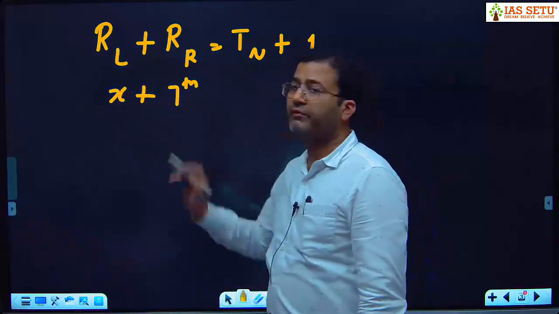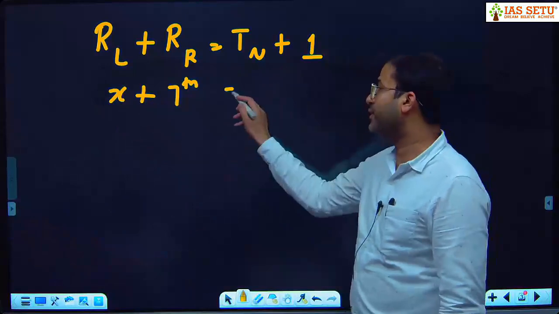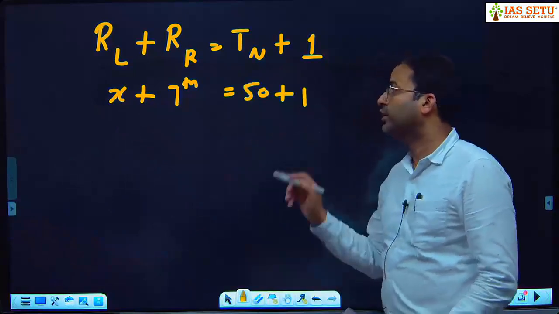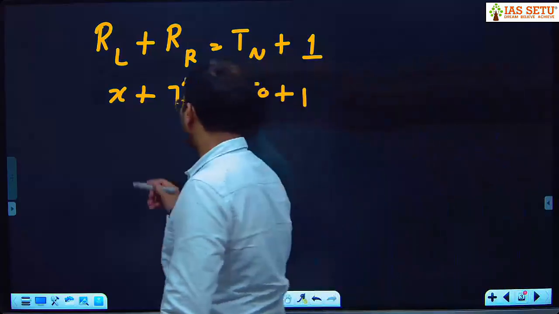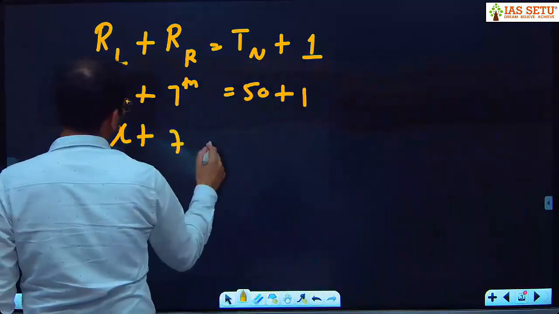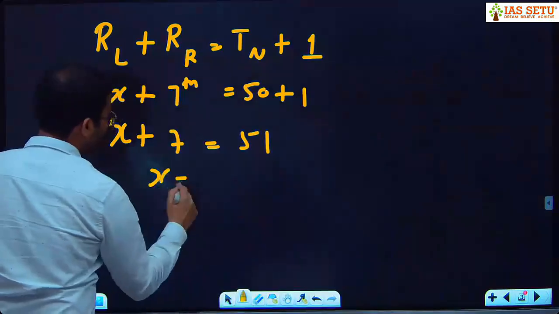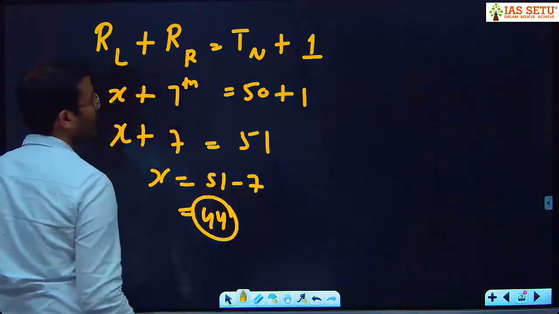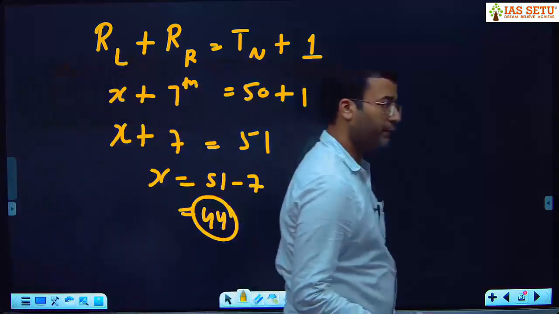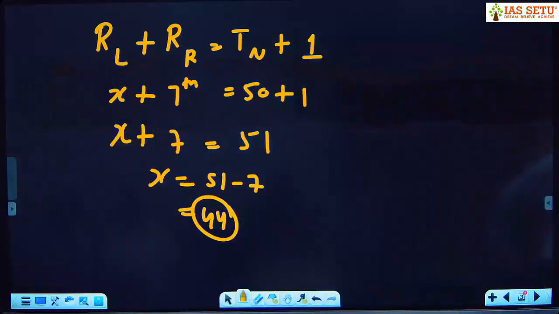From the left hand we assume x. How many total boys are there? 50. So it is 50 plus 1. So x plus 7 is equal to 50 plus 1, so x plus 7 is 51. So what is x? 51 minus 7, 44. Fine. So we can use this formula and we get our answer directly.